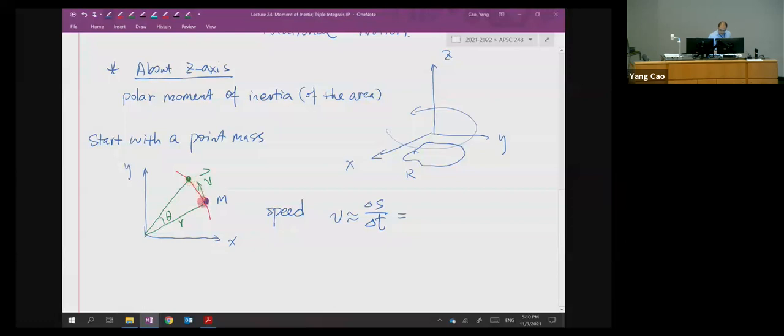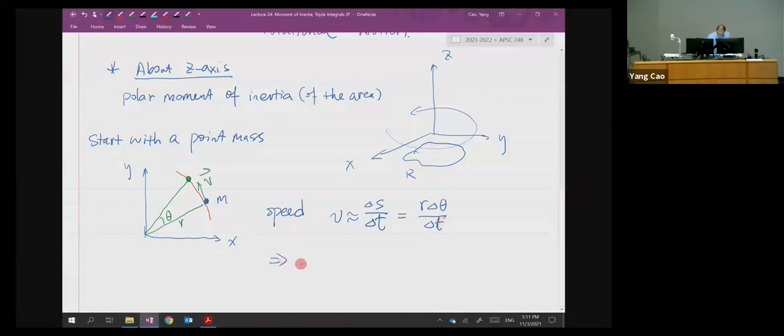So delta S will be the arc length for this little distance. And if this is a very small angle, then the arc length is equal to R times delta theta, divided by delta T. So that's your speed.